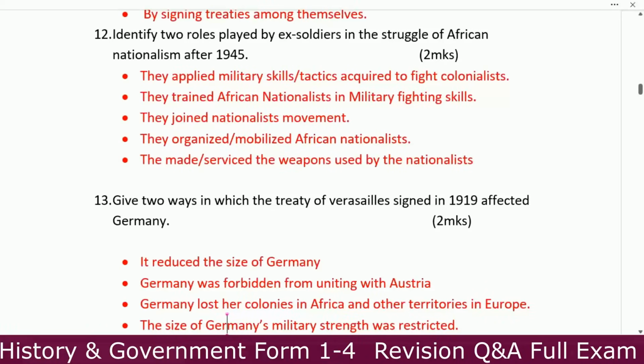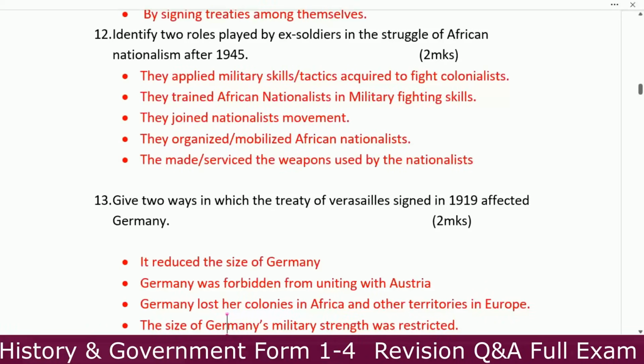The role played by ex-soldiers, people who accompanied the white man soldiers to go to war in the Second World War. So what roles did they play? Number 1, they applied military skills or tactics acquired to fight colonialists.